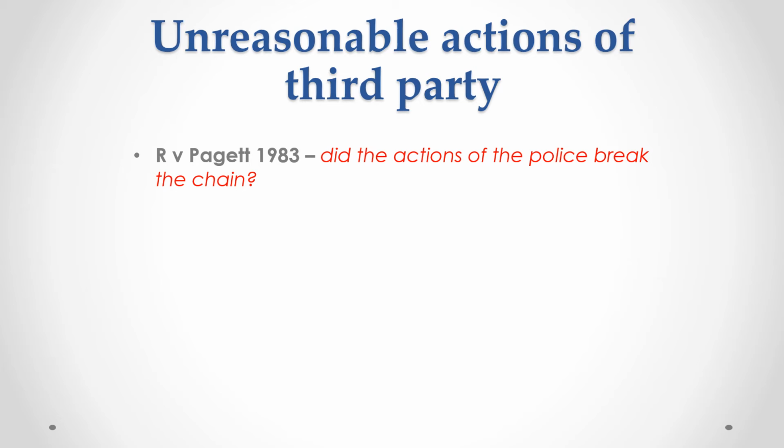Sometimes the police have to make really tough decisions and shoot with the possibility that somebody innocently might be harmed. Now, I'm not sure that this would happen in current day and age, but in 1983, certainly Paget was held responsible and the police were not for the death of the young lady.